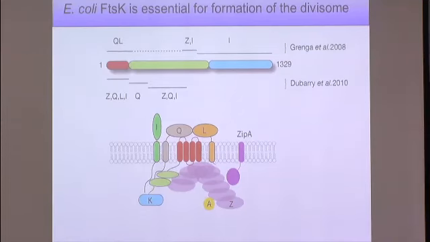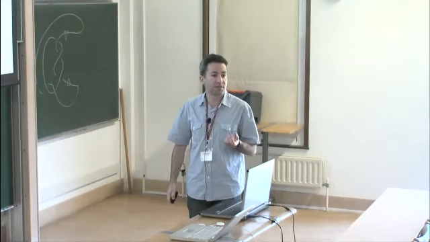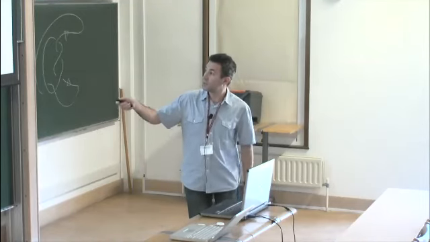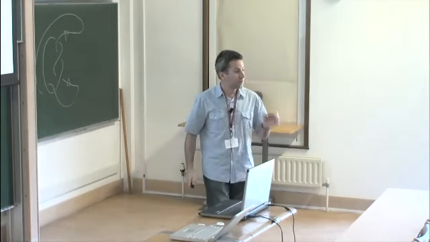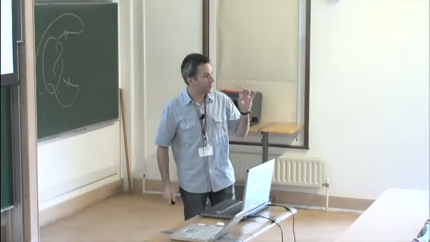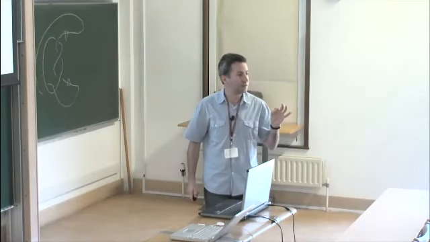And it turns out that FtsK is a rather large protein, and it does multiple different things in the cell. So you can divide it up into 3 basic segments, a red, green, and a blue segment. The red segment spans the membrane and interacts with various other proteins in cell division. So it interacts with one of the first proteins, which identifies the middle of the cell, the point where the bacteria wants to divide.